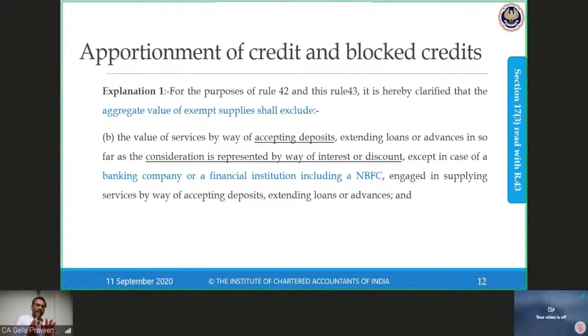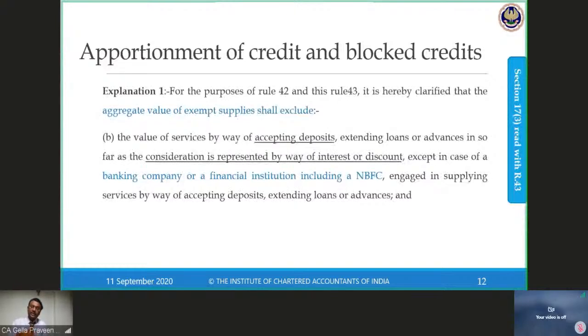Now, all along we have read what to be included. This explanation in rule 43 says, please exclude the below. What is that? Value of services by way of accepting deposits, extending loans or advances insofar as the consideration is represented by way of interest or discount.